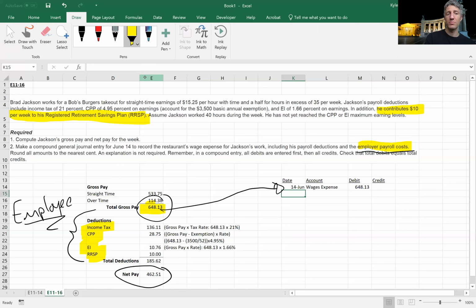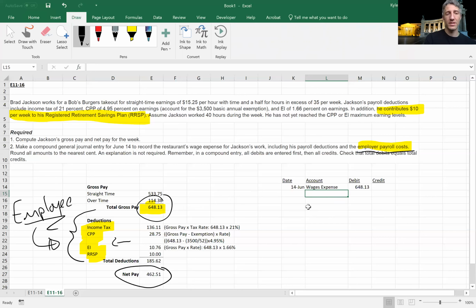It's the employee's responsibility. So the employer pays $648.13, and then the employee has to pay these items. Yes, the employer withholds it and remits it to where it needs to go, but they do that on behalf of the employee. So the employer's wages expense is the total gross pay.